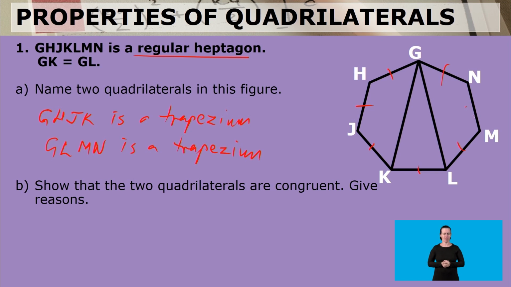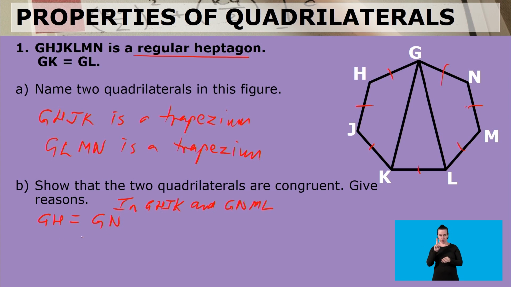Already, we've got three sides that are equal, and we are told that the fourth side is also equal. So we need to write it in divided sides so that we show which is equal to which. So in this case, we'll say GH is equal to GN. And by the way, we are dealing with quadrilateral GHJK, and the other one, which is GNML.